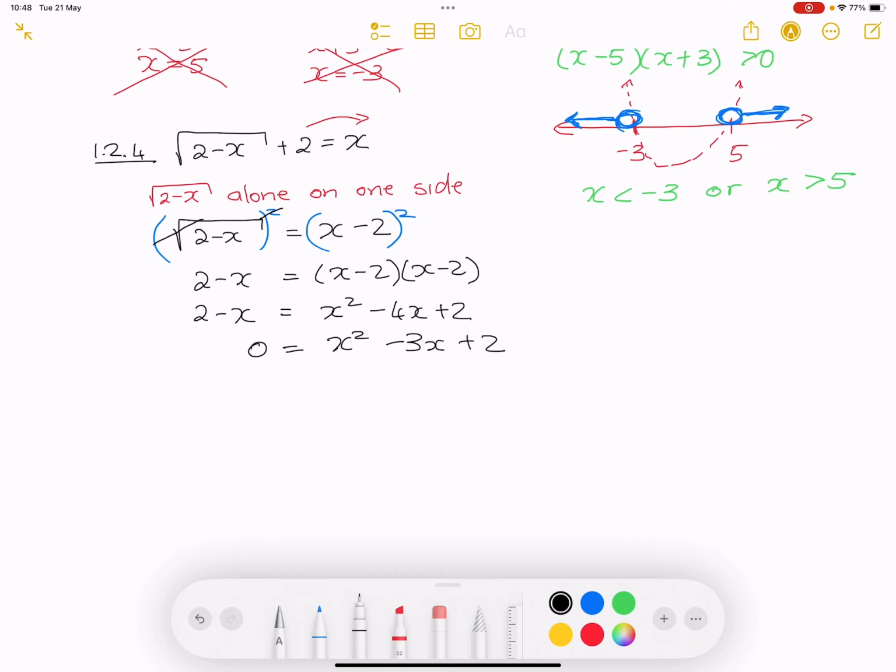So 0 is equal to x minus 2, x minus 1. So then x minus 2 is equal to 0, or x minus 1 is equal to 0. So then x is equal to 2, or x is equal to 1.